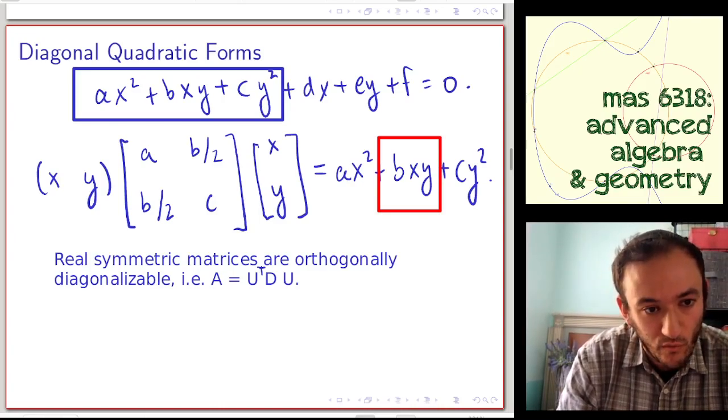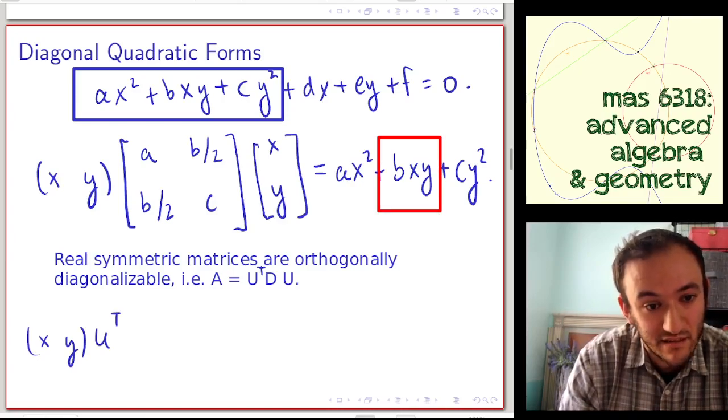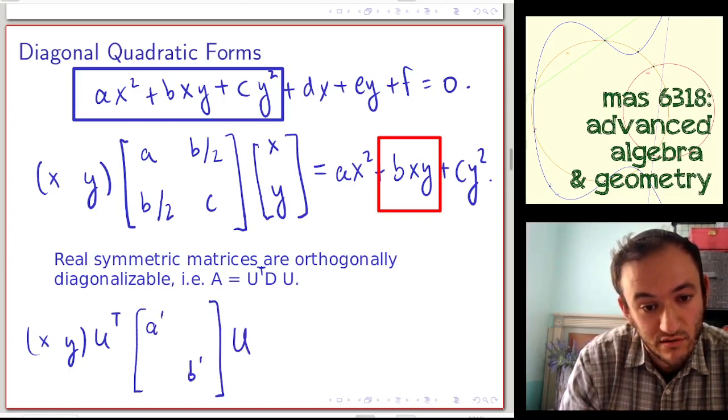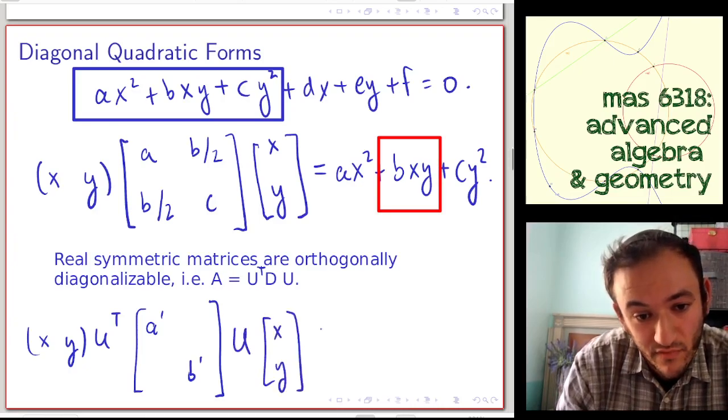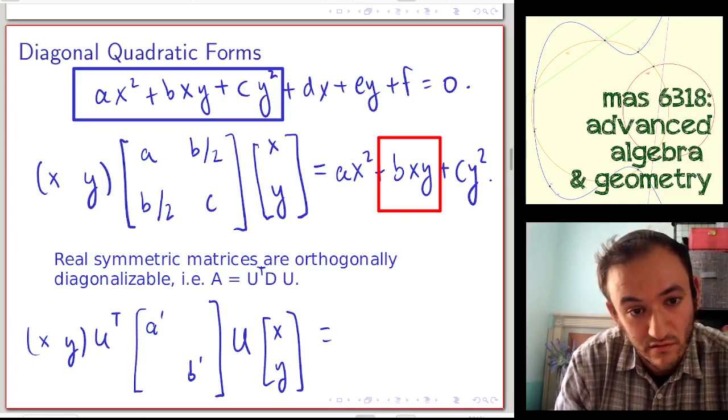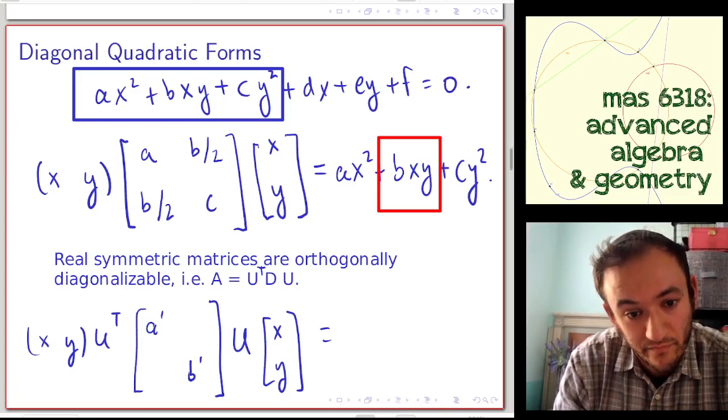So what that means for this is we'll have (x y) times U transpose times some diagonal matrix, which we'll call A prime, B prime, times U times (x y), equals our original quadratic form.